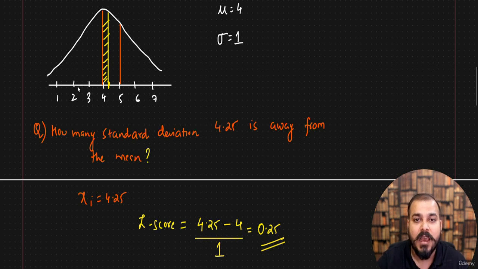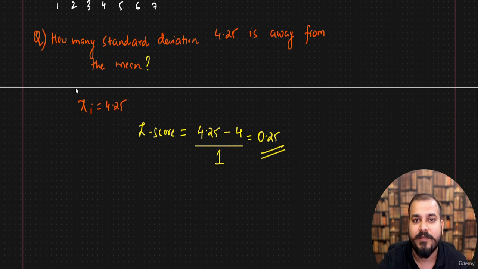Now similarly, if I ask how many standard deviations 2.5 is away from the mean, I will replace 4.25 by 2.5: 2.5 minus 4 divided by 1. Then I will get minus 1.5. That basically says minus 1.5 away from the mean, and since it is in a negative direction, it will be over here, right? So let's say I take my x of i variable as 2.5.